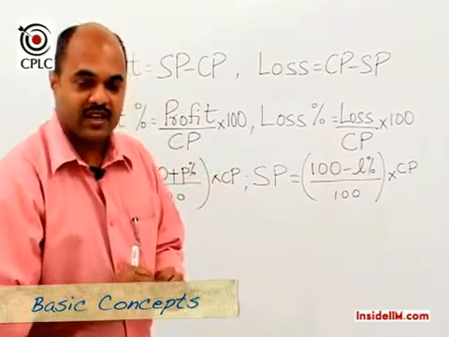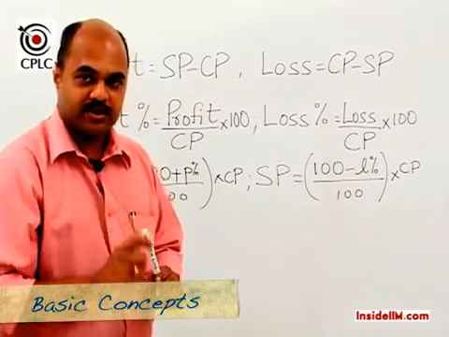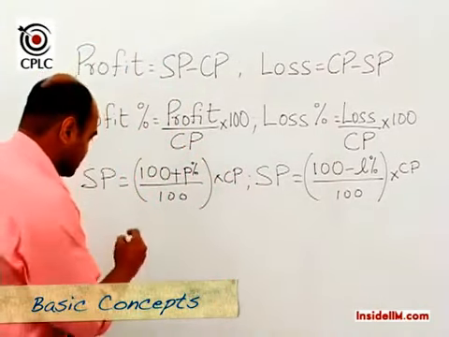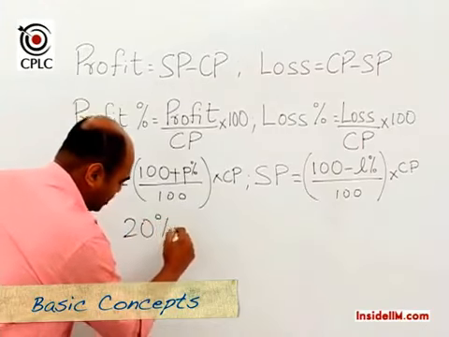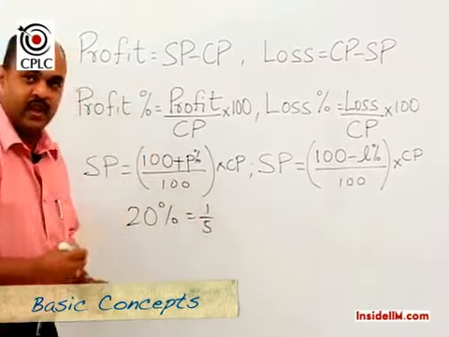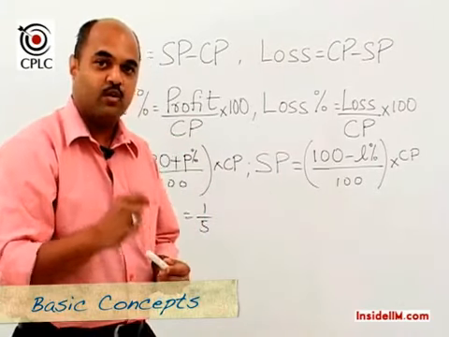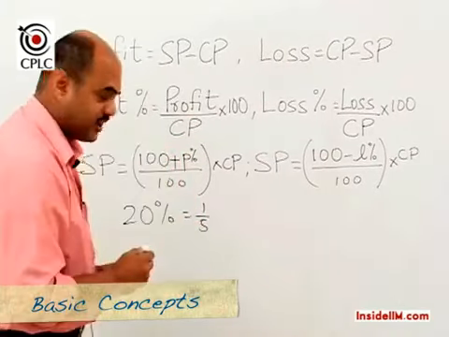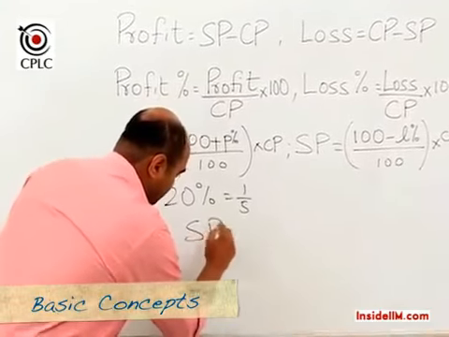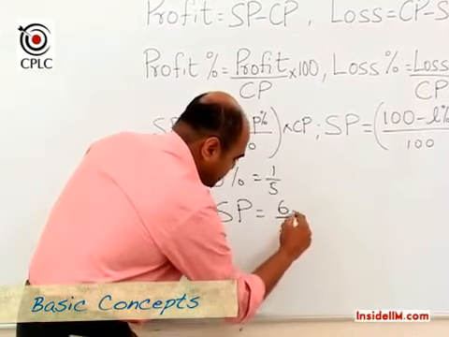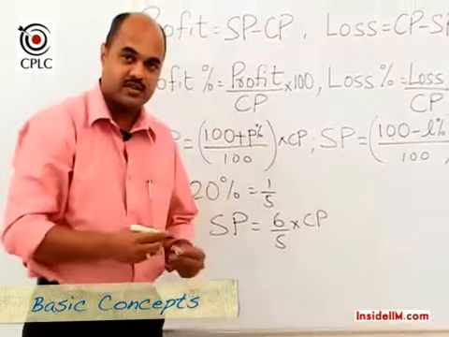So if I say that the profit percent is 20%, then 20% as a fraction would be 1 by 5, and hence I would say that my selling price should be 1/5 more than the cost price, which would mean that selling price should be 6 by 5 of the cost price.